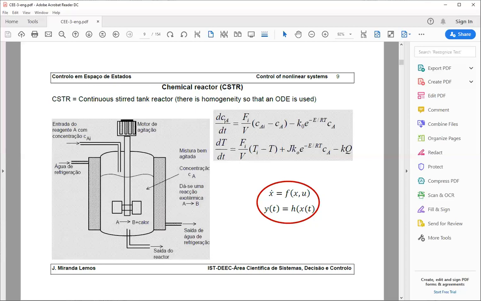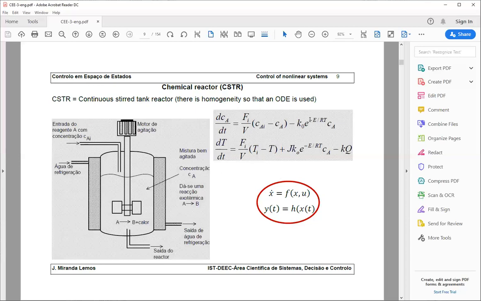And Ca is the concentration of species A, and CAi is the manipulated variable. So it's the concentration of species A at the inlet of reactants. You might wonder, what happened to Cb? Well, by conservation of mass, Cb can be computed in an algebraic way from Ca, so we don't include it in the state.